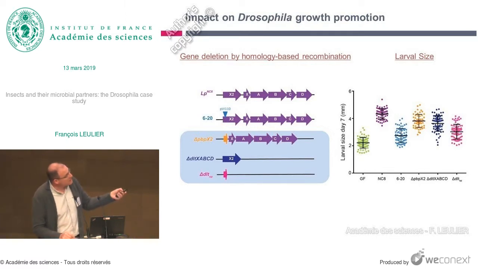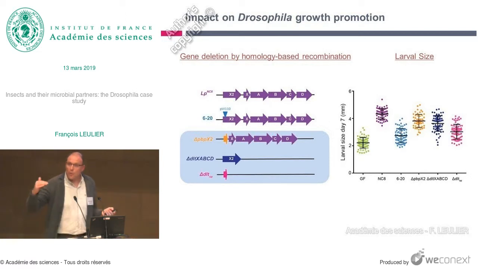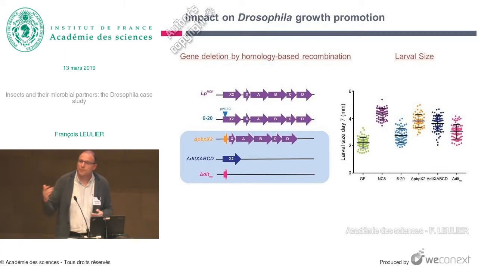And you can see the initial insertional mutant phenotype: the growth promotion is affected. The larvae are small when they are associated with this mutant. And we recapitulated the mutant phenotype only by deleting the entire operon. So this is clearly all the genes of this machinery which are required to mediate the phenotype.